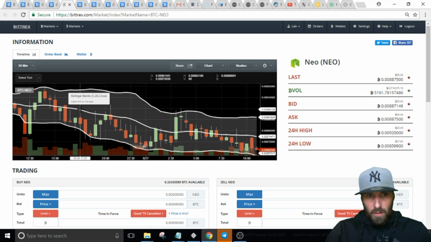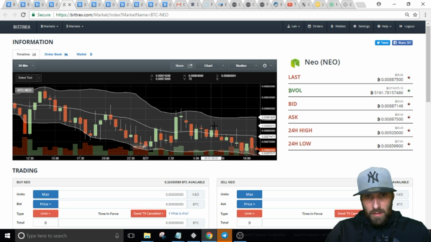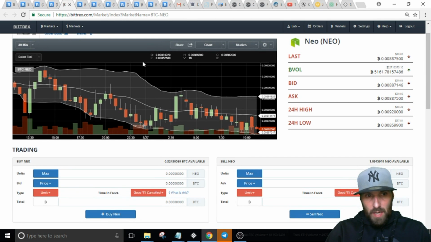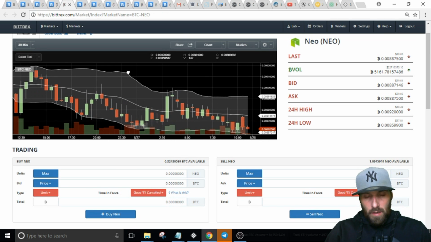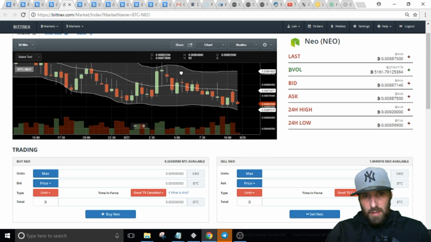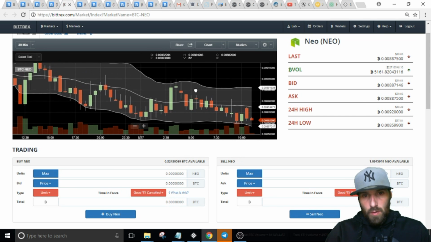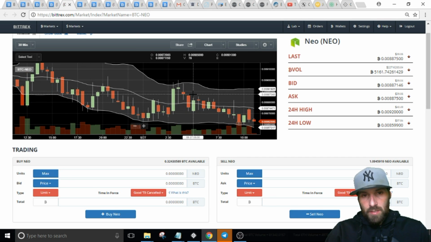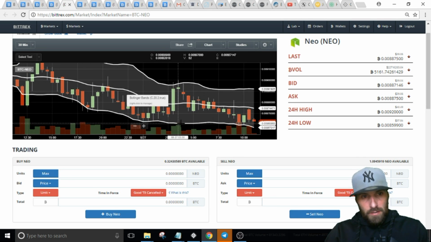Okay, you got your EMA, and then you have your band, which basically tells you up and down. It's a volatility reader, basically. It'll show you volatility in the chart.